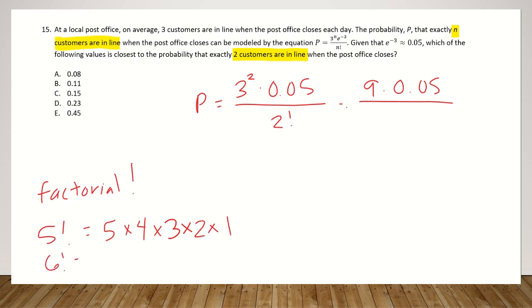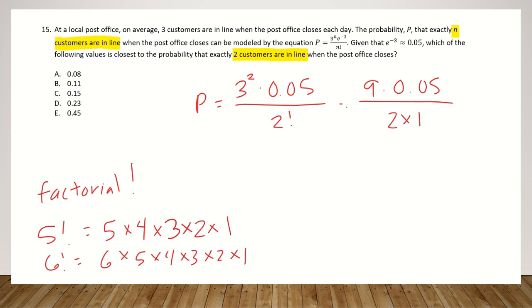So like 6 factorial would be 6 times 5 times 4 times 3 times 2 times 1, right? 10 factorial would be 10 times 9 times 8 times 7 times 6 times 5 times 4 times 3 times 2 times 1. So that means 2 factorial is just 2 times 1. All right, it's not bad.